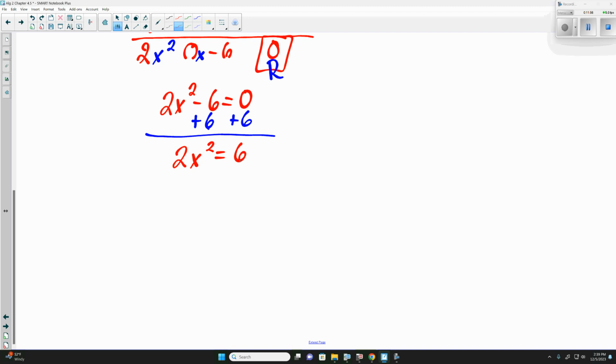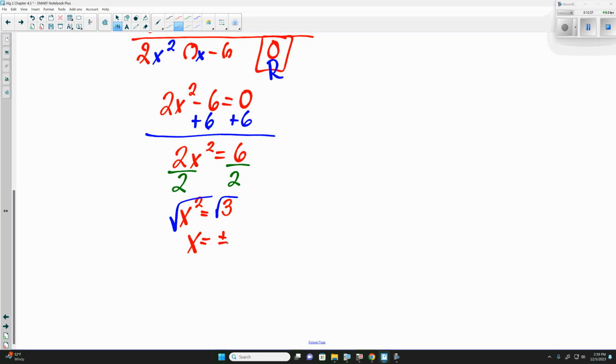So we can add 6 to both sides. Our next step would be 2x squared equals 6. Divide both sides by 2. 2x squared divided by 2 is x squared. 6 divided by 2 is 3. And lastly, we would square root both sides. Square root of x squared is x is equal to plus or minus, because whenever we take the square root of both sides, we have to add the plus or minus.